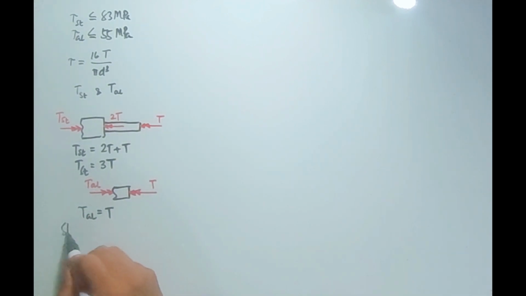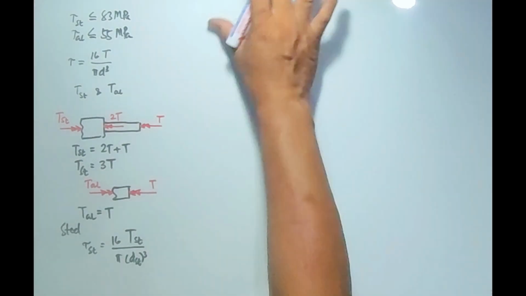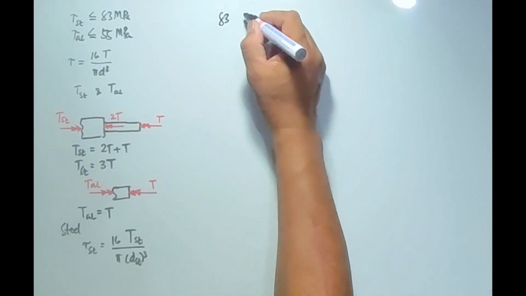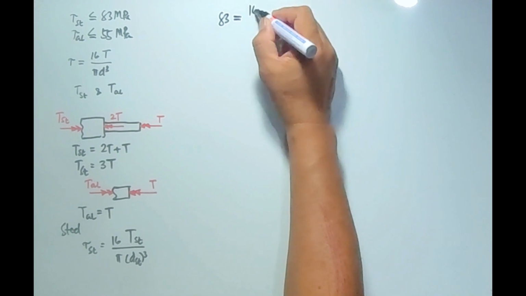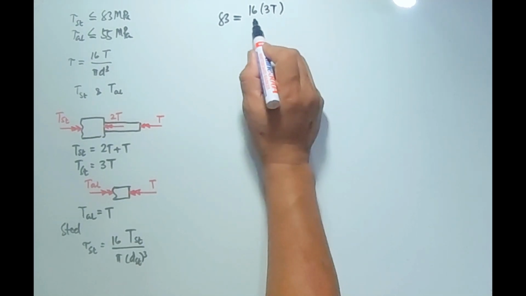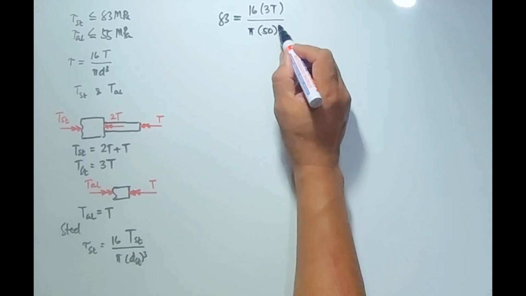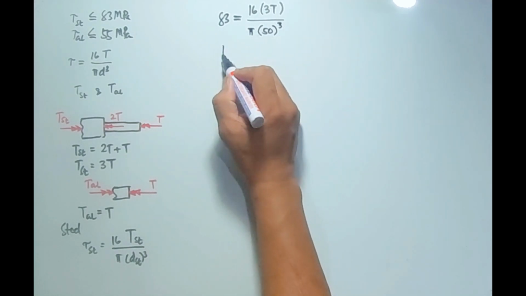For steel, the shearing stress is 16 times the torque divided by pi times the diameter of steel cubed. So if we use the maximum allowable stress for steel, we now have 83 for the shearing stress equals 16 times T sub ST, which is 3 times the external torque T, divided by pi times its diameter, which is 50 cubed.